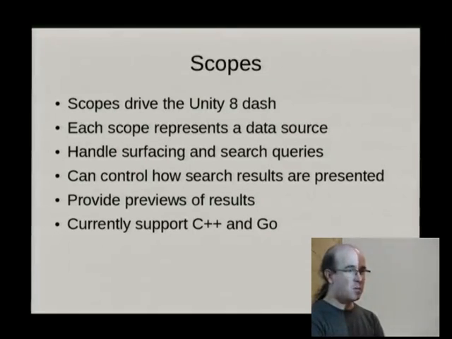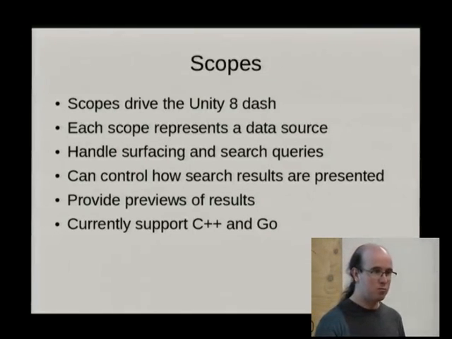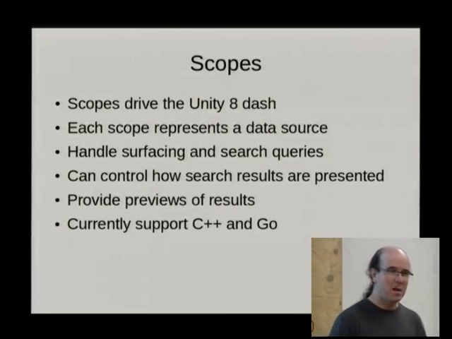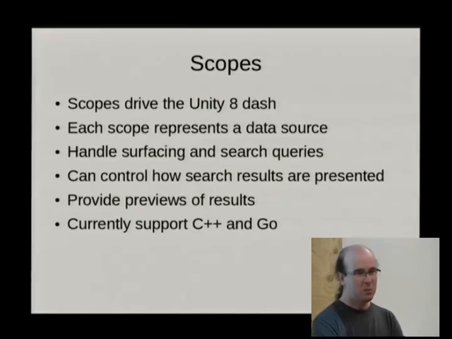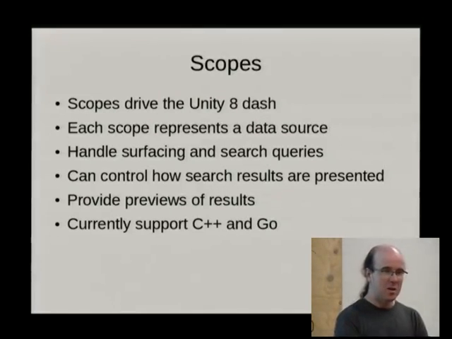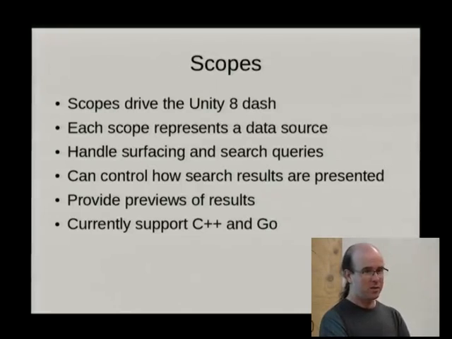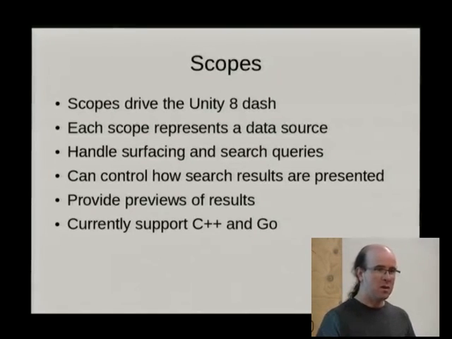Currently, the Scopes API is C++ or Go. We've been writing most of the scopes in C++, but one of the teams is mainly proficient in Go, so we provided an API for that. We look at custom scopes as one of the areas where carriers and manufacturers could provide something unique for their phones.